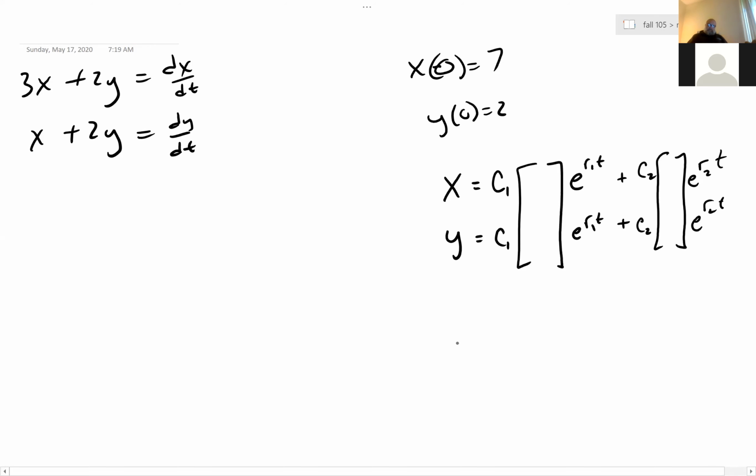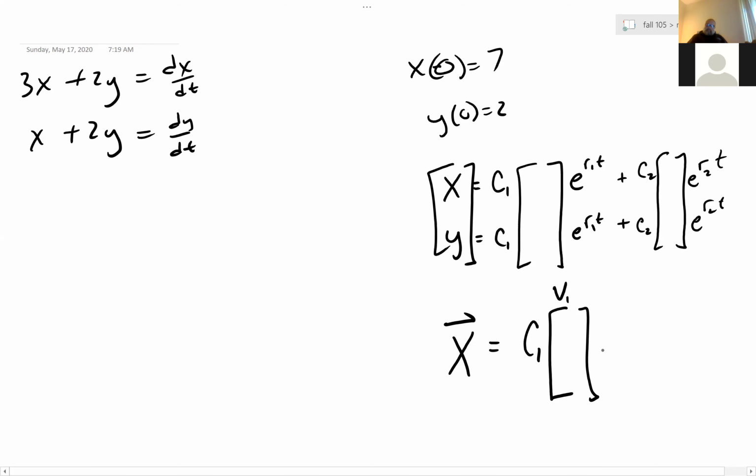And so what a normal person would do is write it like this. X, which is this vector right here, is equal to C1 times this vector, which would be V, and we'll call it V1, e to the R1t, plus C2, this is V2, e to the R2t.